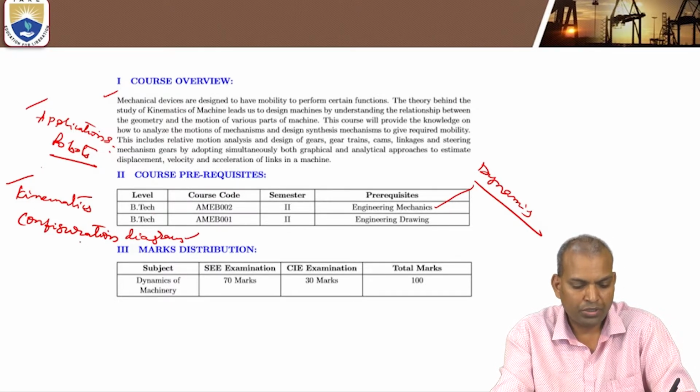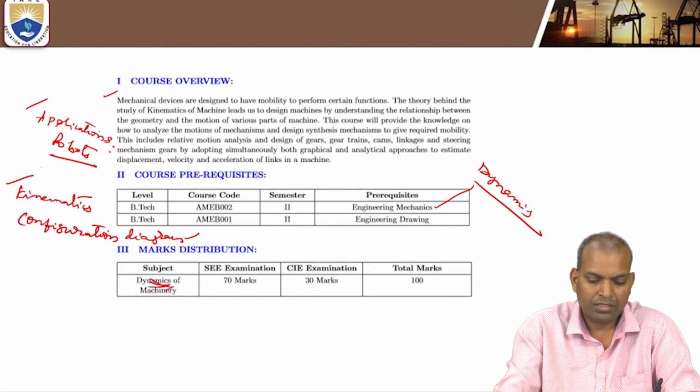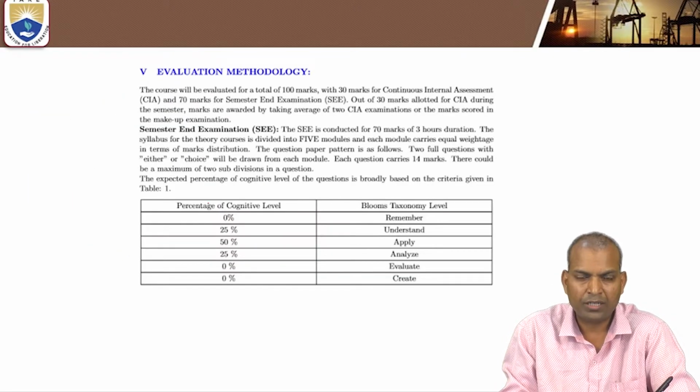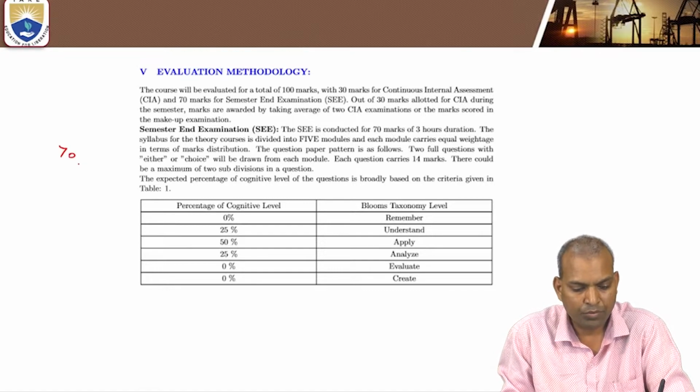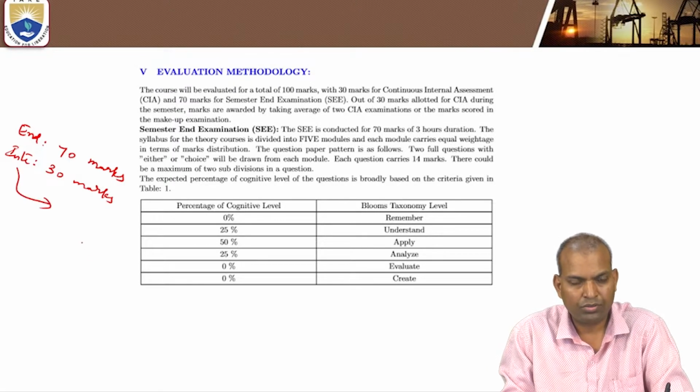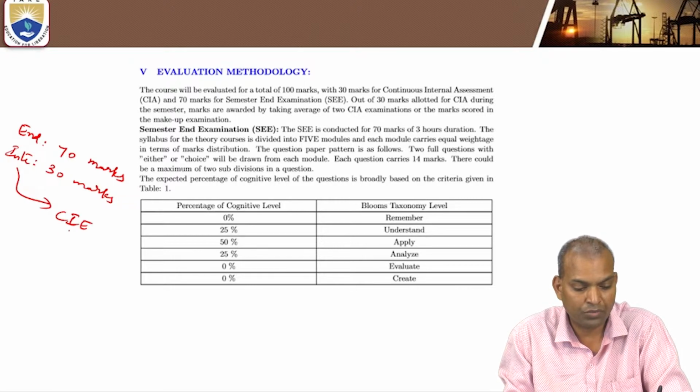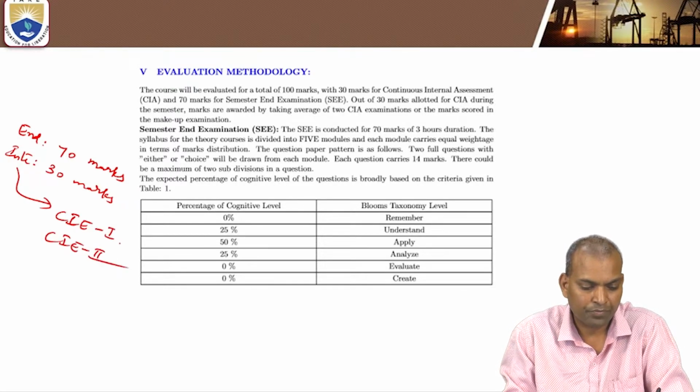So the marks distribution for kinematics of machines is 70 plus 30. 70 marks for the end examination, and internal examinations are 30 marks. These internal examinations are again 2 categories, CIE 1, Continuous Internal Evaluation 1, and Continuous Internal Evaluation 2.